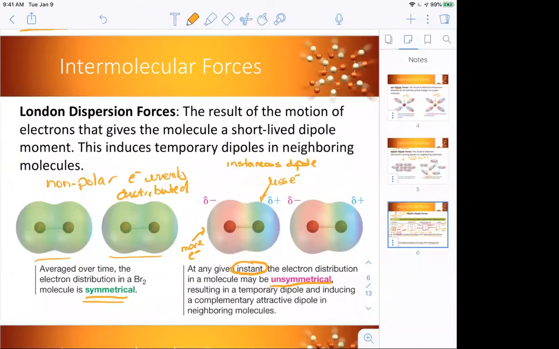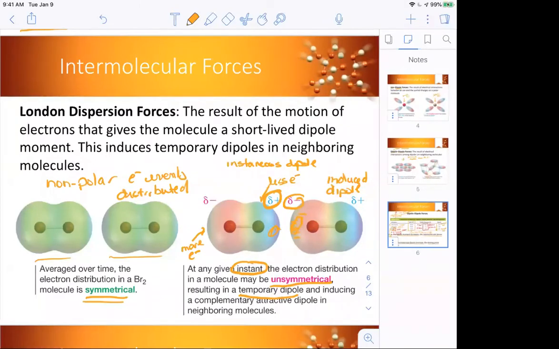That just happens randomly, but what it creates is a temporary dipole, an instantaneous temporary dipole. But now this molecule sees this molecule. This partial positive is going to attract the electrons to it, which means now my next molecule is going to have an induced dipole.